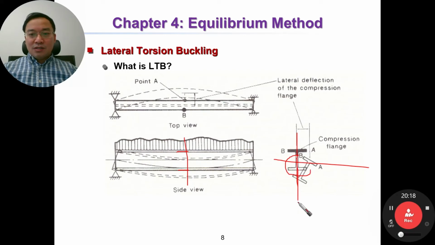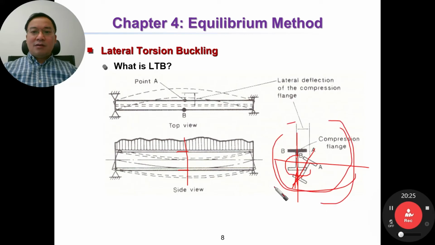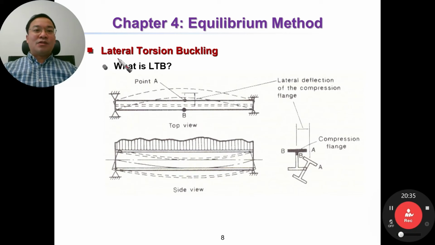This phenomenon is called lateral torsion buckling. Now you understand the concept of lateral torsion buckling, due to the compression of the upper flange under bending. So we have to consider this phenomenon in our analysis and design of structures.